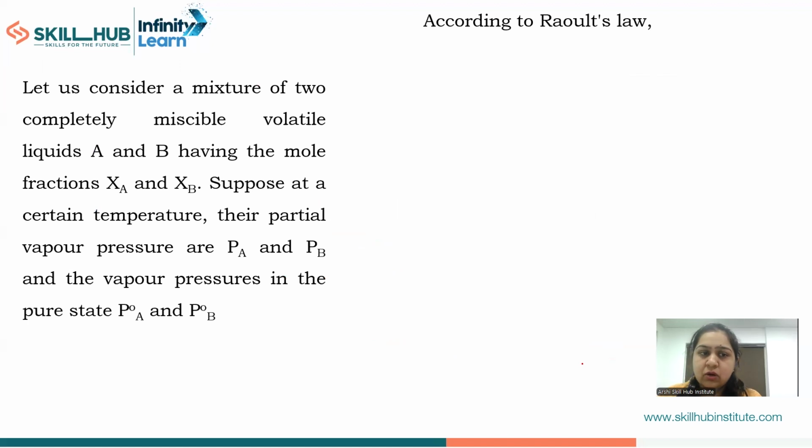Let us consider a mixture of completely miscible volatile liquids, which is what we have been considering till now. We have two liquids A and B, with mole fractions XA and XB.